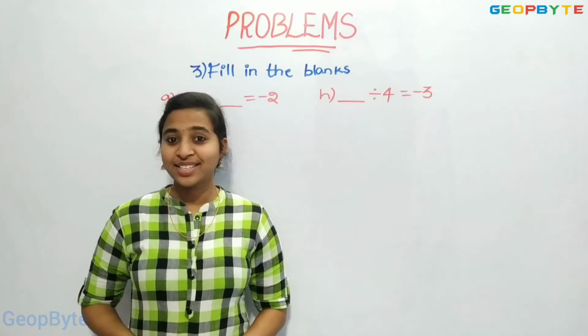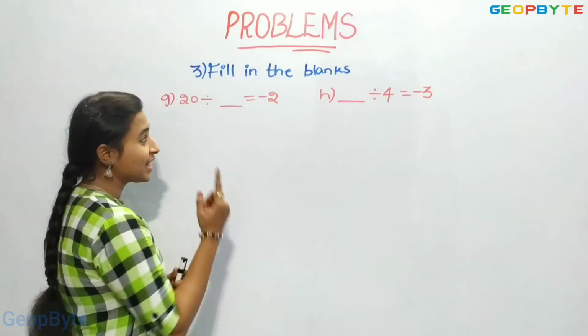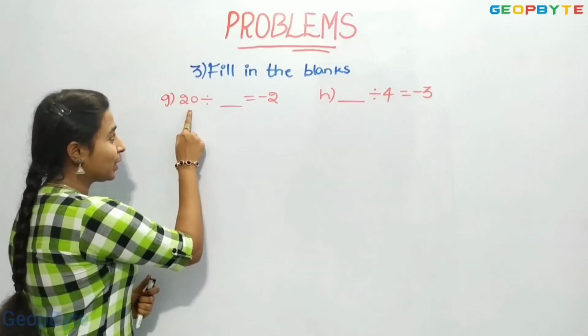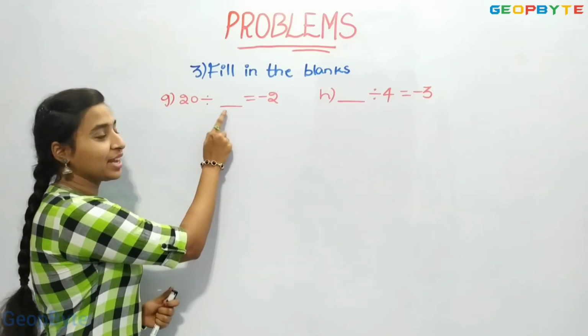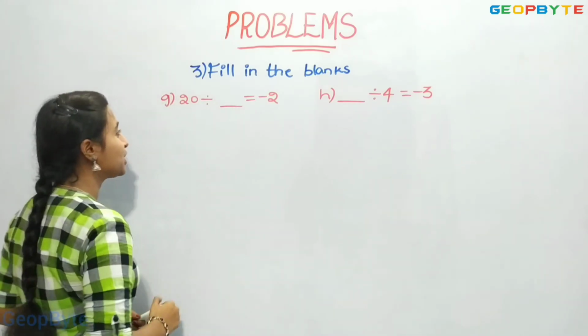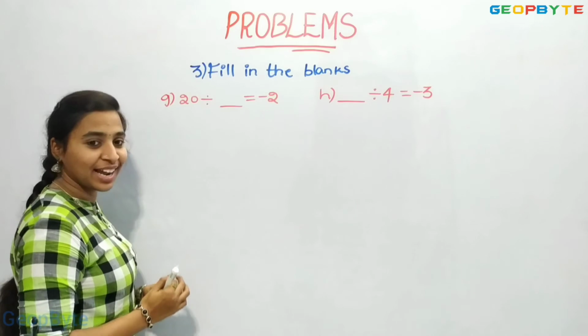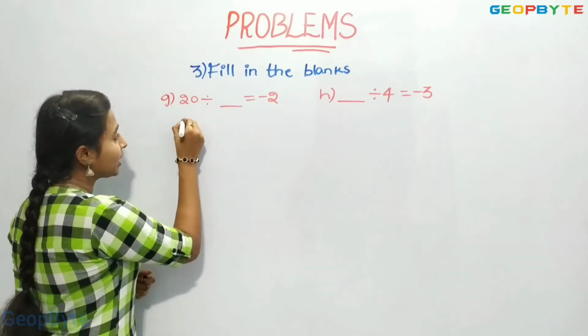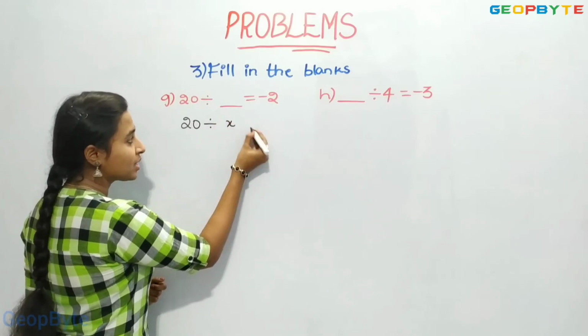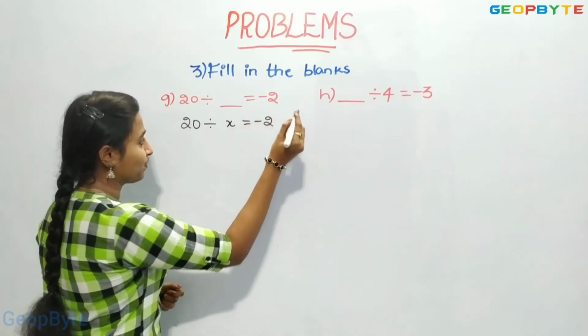Now, let us see the last two bits in this question. G bit. We have 20 divided by dash is equal to minus 2. Let us assume this missing integer as x. 20 divided by x is equal to minus 2.